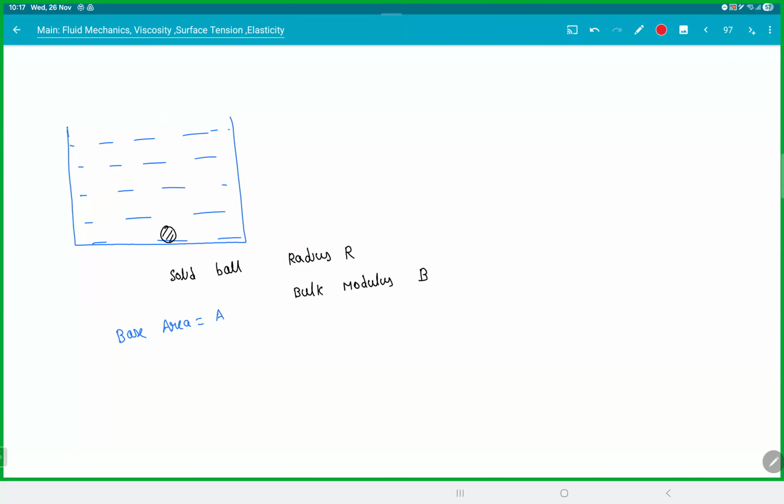Initially the radius was R. Someone took a block of mass M and dropped it inside, and the block is floating.